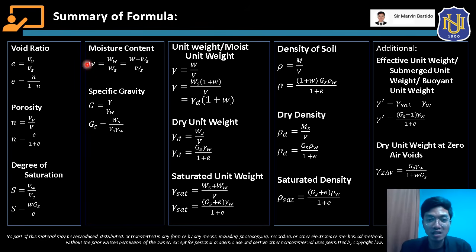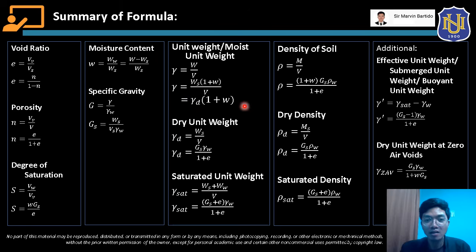Anyway, ito yung para sa volume relationship. Ito naman yung sa weight relationship. Actually, yung unit weight pala yung isang weight relationship. So, yung moisture content class, ito yung formula. Tapos yung specific gravity, ito yon. And then para sa unit weight or moist unit weight, ito yung mga dapat nating tandaan. Okay, so yung dry unit weight naman ay ito. So class, merong relationship yung dry unit weight at unit weight ha.